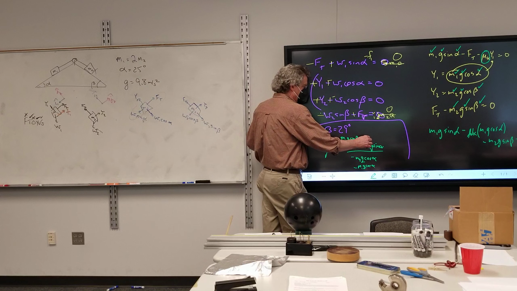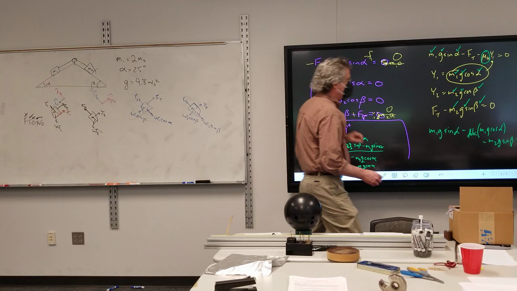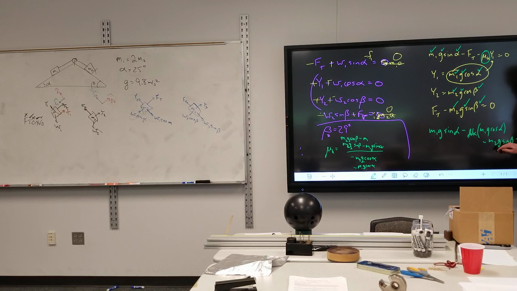Wouldn't the bottom be positive? I brought this over to the right side, that over to the right side, and then I got the negative here that I have to deal with. So that's why there's a negative on the bottom. I could have brought this over to the right side and then divided by that, which probably would have saved us a step.